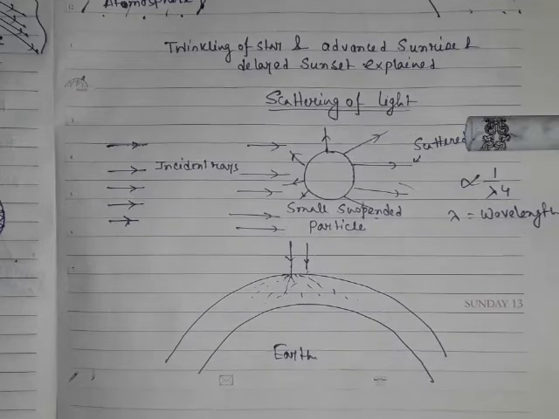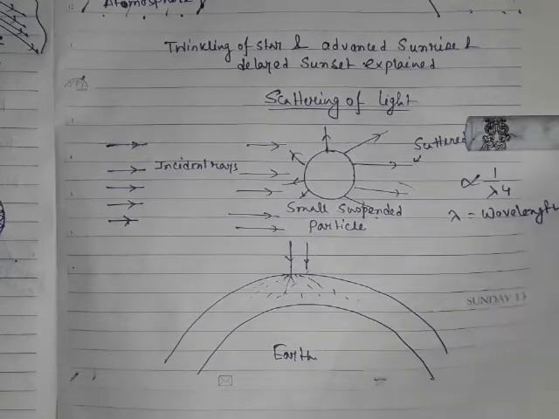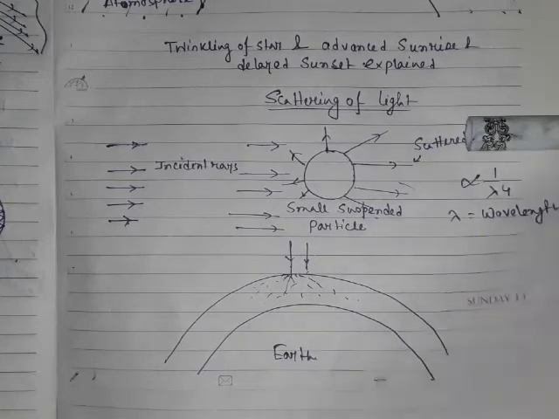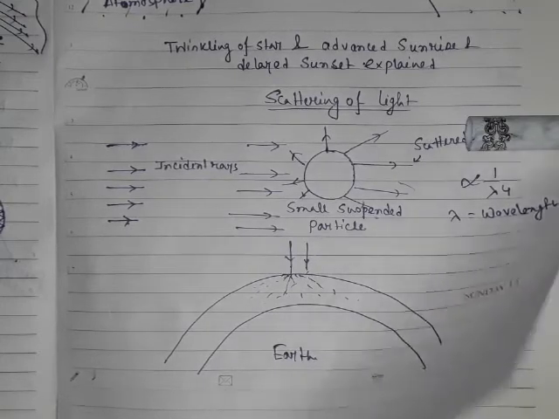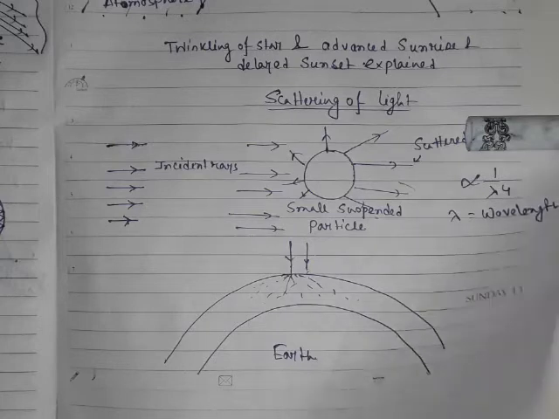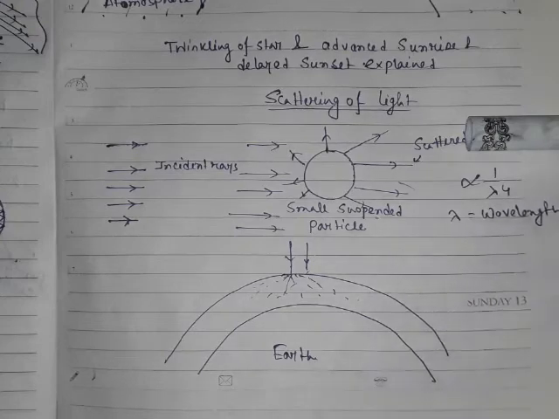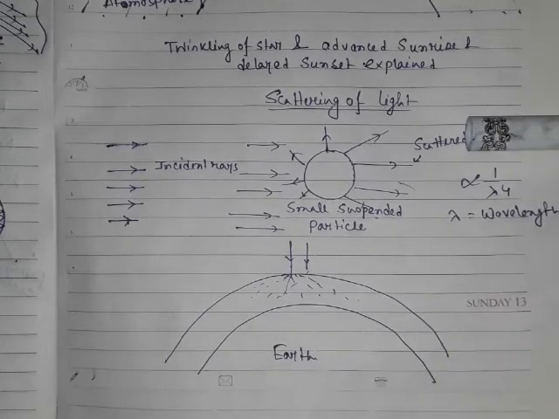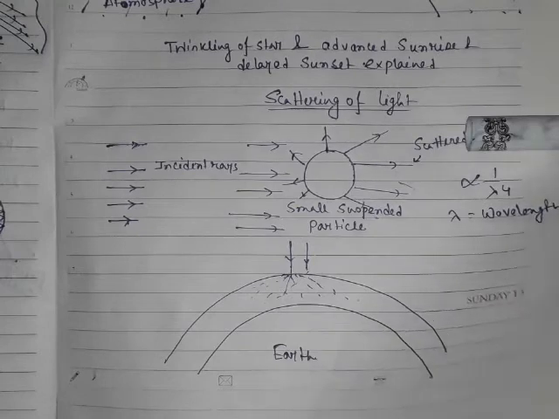If you look at a picture taken from the moon, the sky is seen as black there, because there is no atmosphere, so there will not be any scattering of light, and no light will come to your eyes directly from the sky.